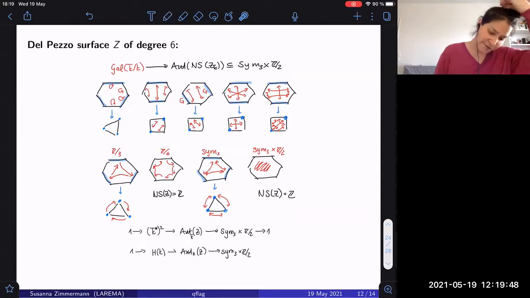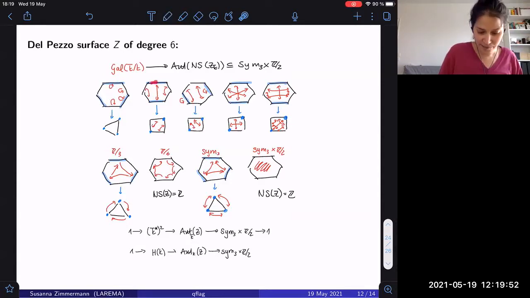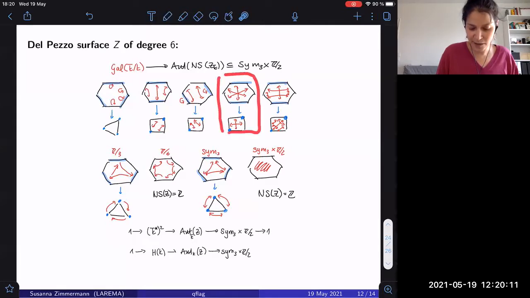Then I have 2 involutions that are reflections, this one and this one. We can contract the blue curves, they are disjoint, and we end up on a quadratic surface, this one or this one. We have a rotation of order 2, the third one, and again we have 2 disjoint sides that we can contract, and we end up on P1 x P1.